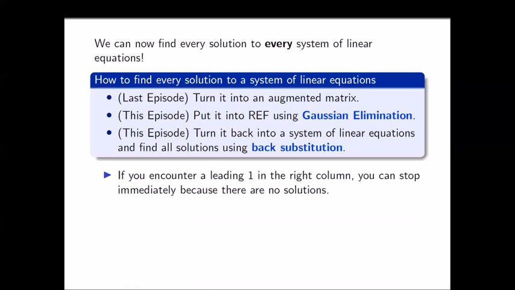And in this episode, we learned how to take that augmented matrix and put it into row echelon form using Gaussian elimination, and then turn it back into a system of linear equations and find all solutions using back substitution. And as a note, if you encounter a leading 1 in the right column, you can stop immediately because there are no solutions, and we saw that earlier in this episode.